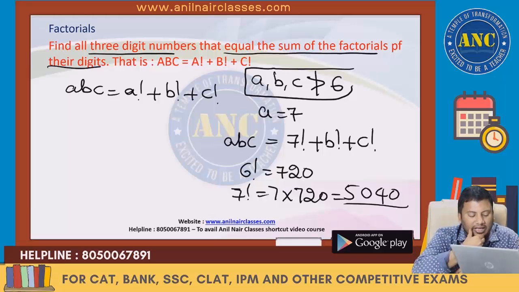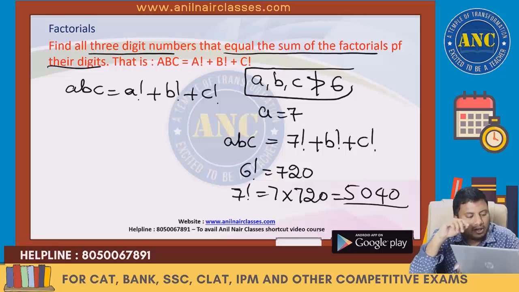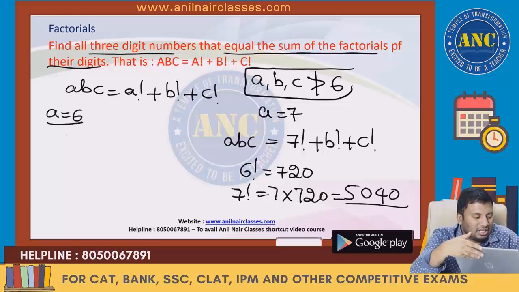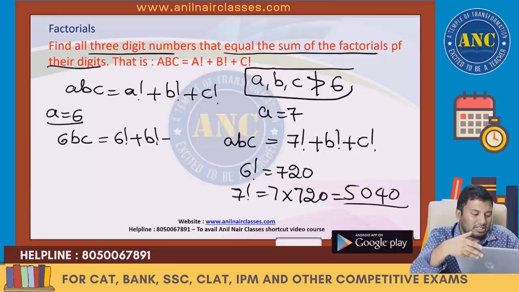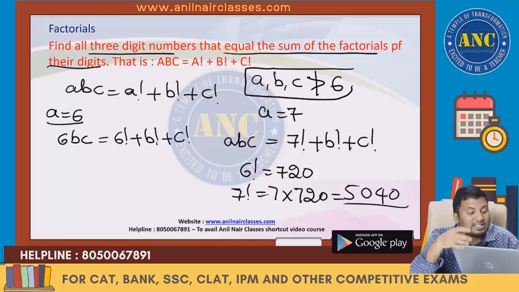So let me take A value. Suppose I take 6, this is nothing but 6BC. Am I right? So A is 6 factorial plus B factorial plus C factorial, and 6 factorial is 720.